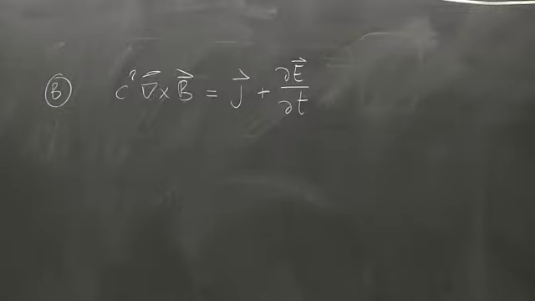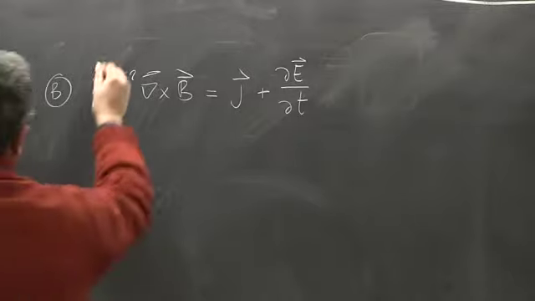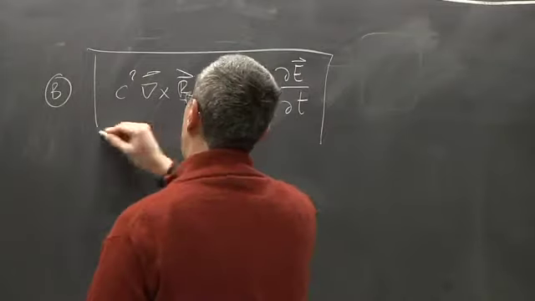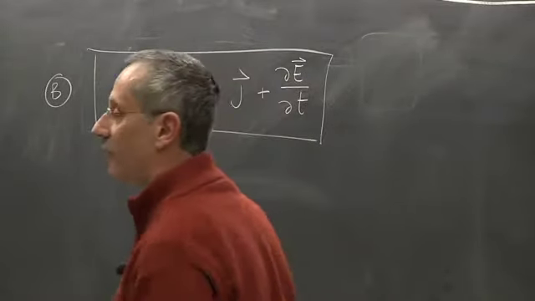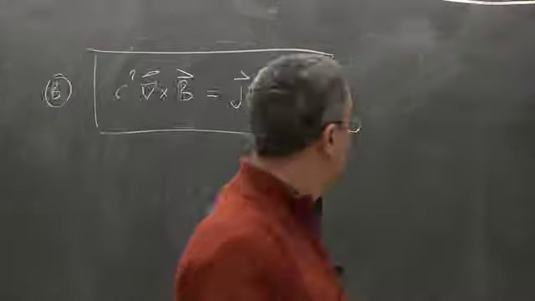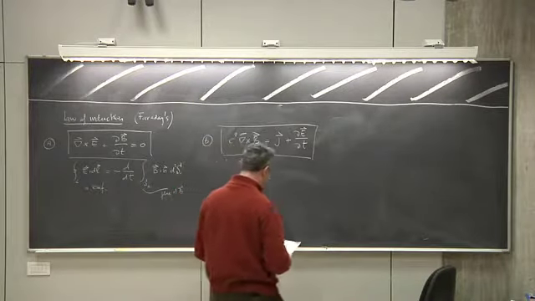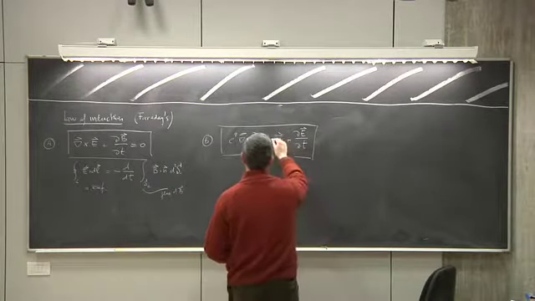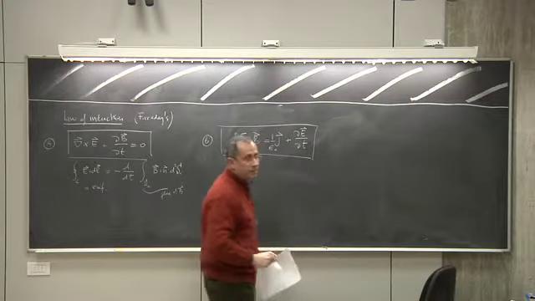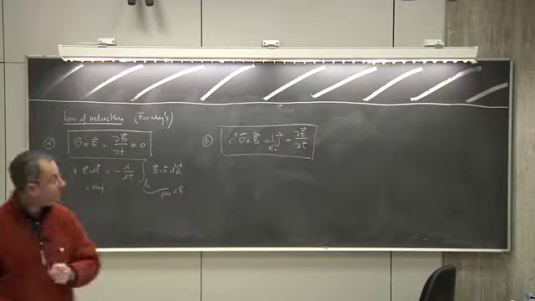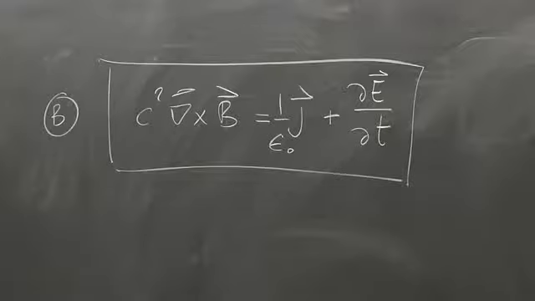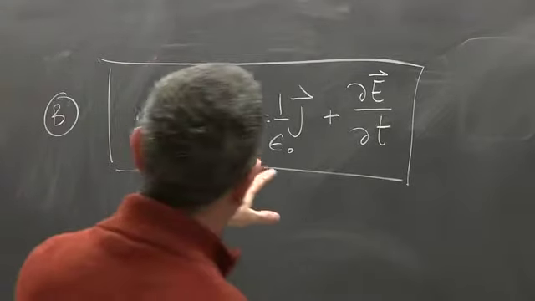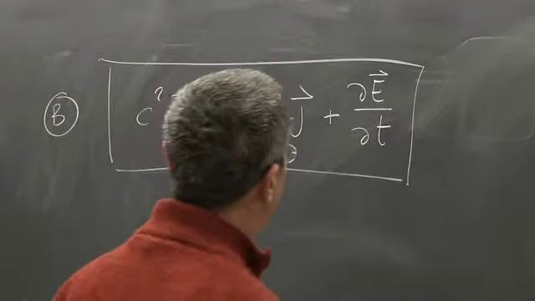So these are the two equations relevant when you have varying fields.